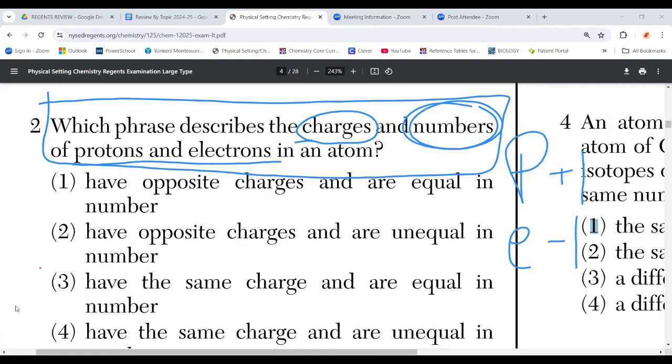It does not have a net charge overall because its protons and its electrons are equal to each other. In other words, it is not an ion. Ions are charged particles that have lost or gained electrons, and that's how you're picking up a charge. So this is just a plain old atom, like you're looking at it on the periodic table.